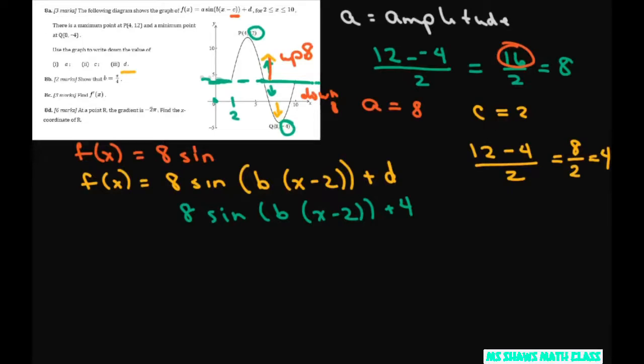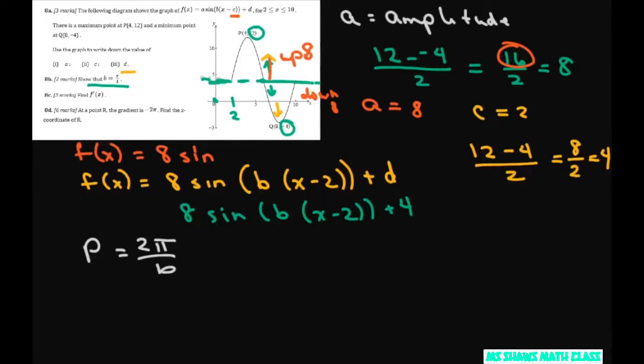All right, show that b equals pi divided by 4. For that one, we need to use the period. So our period equals 2 pi divided by b. b's not your period, that's part of your period.